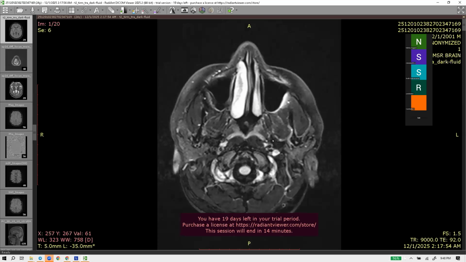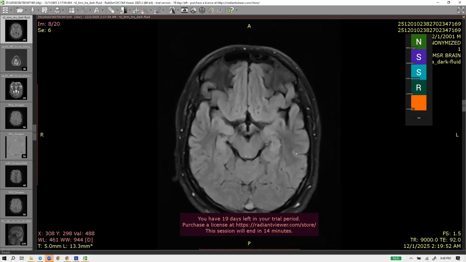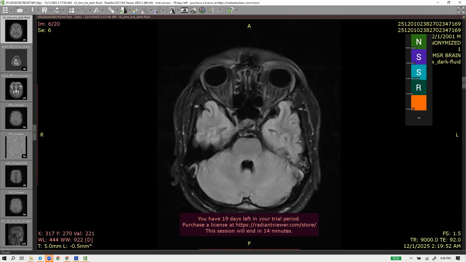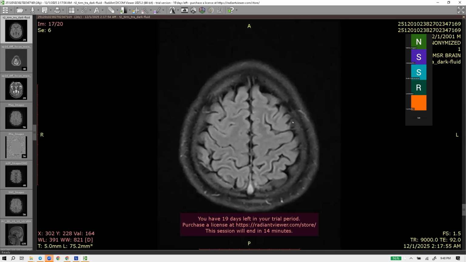So here is a patient who has come with headache. Okay. So I've been presented with axial FLAIR images of a patient who has presented with headache. So first of all, I'm just going through the images.